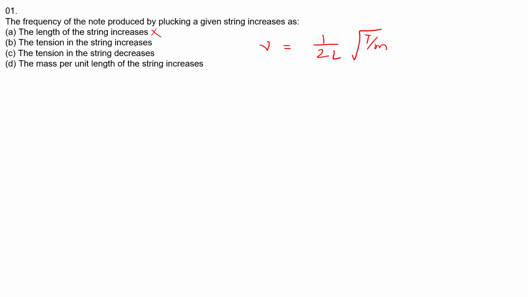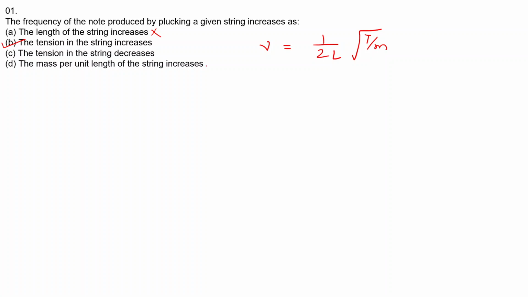The tension in the string increases. When the tension of the string increases, of course there will be an increase in the frequency. So this is the correct option. Let's see the other options also. If tension decreases, frequency is directly proportional to the tension, so frequency will also decrease.